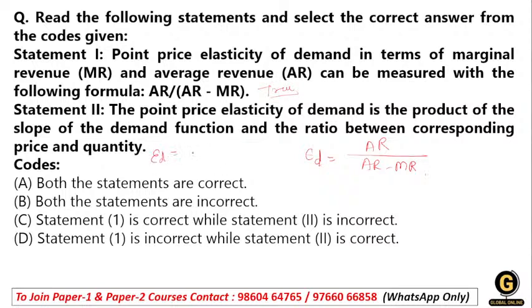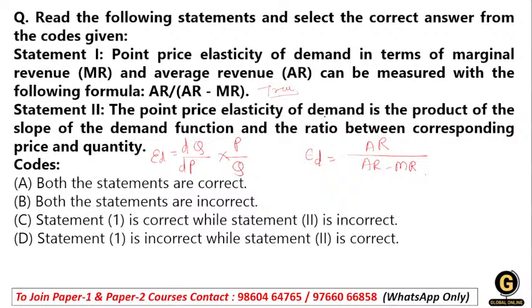ED, elasticity of demand, equals change in quantity divided by change in price, multiplied by price divided by quantity. This is the standard mathematical formula for point elasticity of demand.